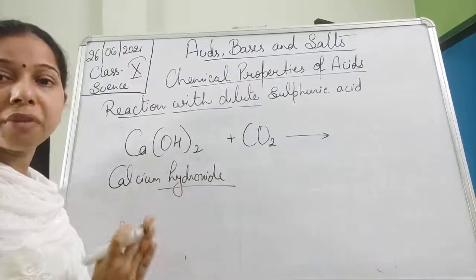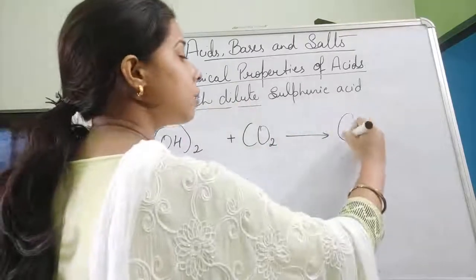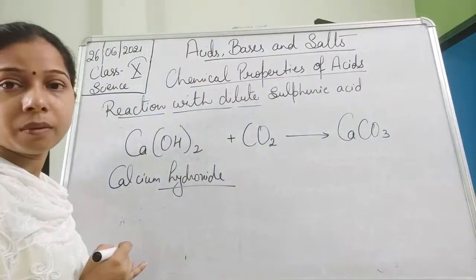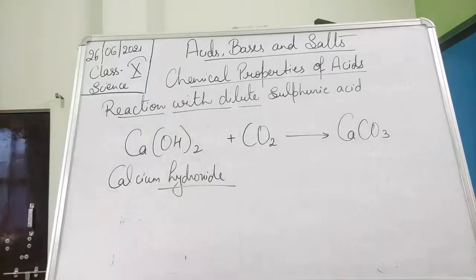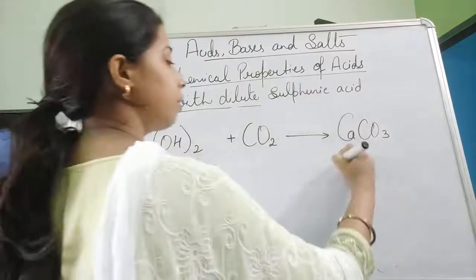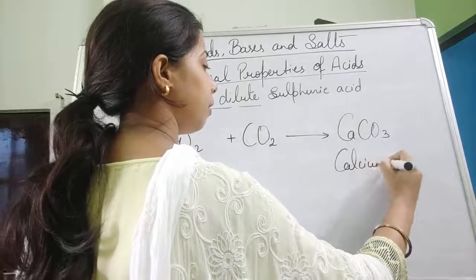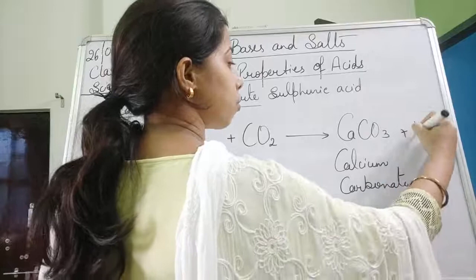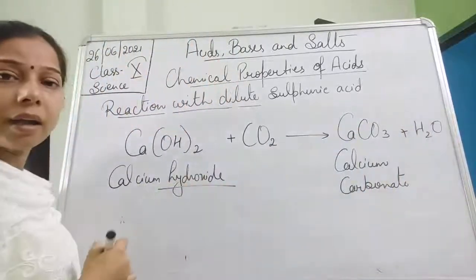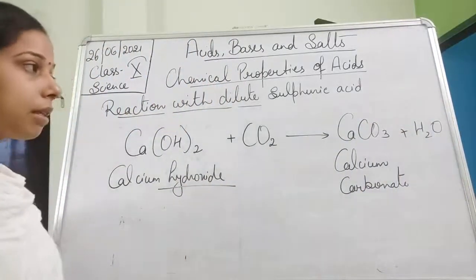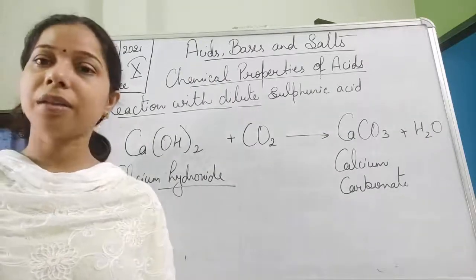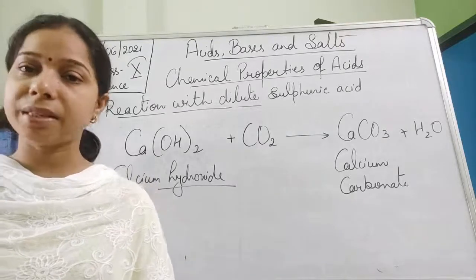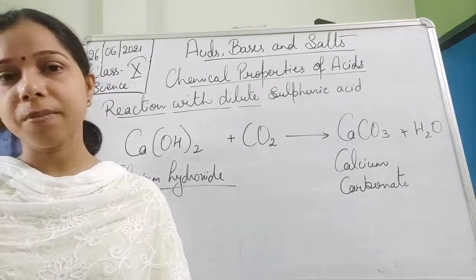Actually, a white precipitate forms, and this white precipitate is calcium carbonate, plus water is also formed. So basically when we pass carbon dioxide there, it turns milky, and the reason is the formation of calcium carbonate.